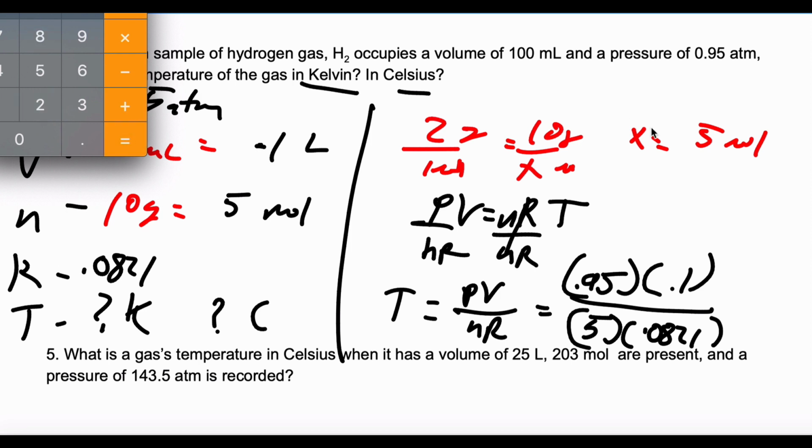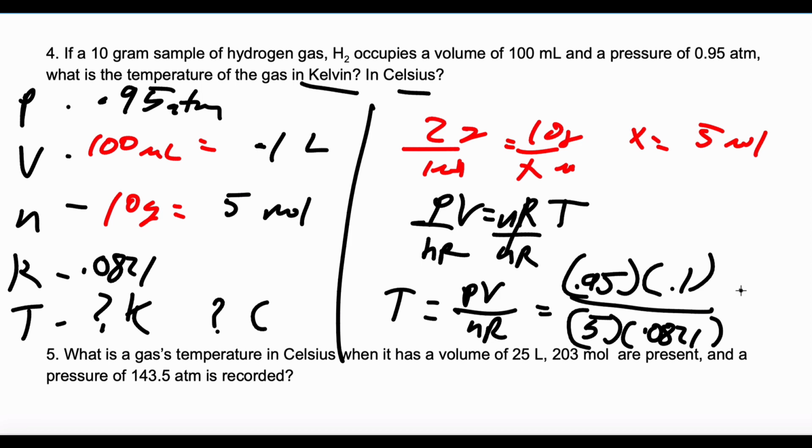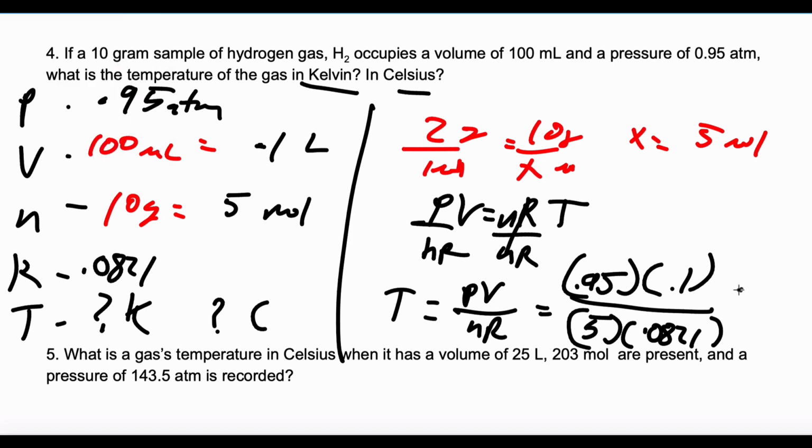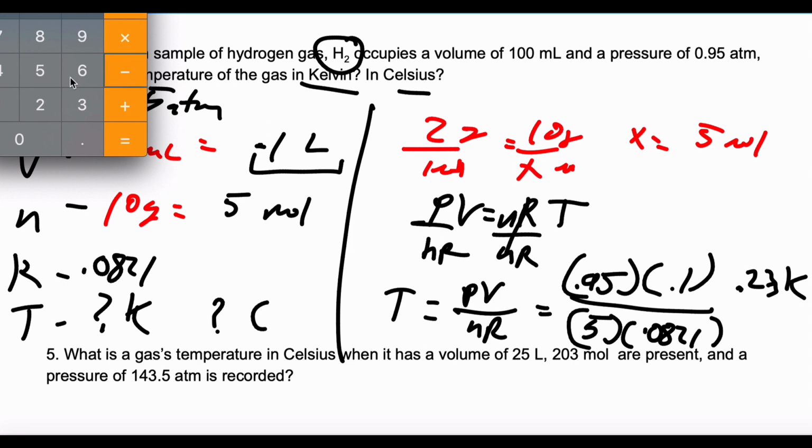Okay, so now this is really, really cold. 0.23. Really, really cold. To get something as ideal as hydrogen to occupy a small volume like that, you're going to have to get it really cold. So 0.23 Kelvin.